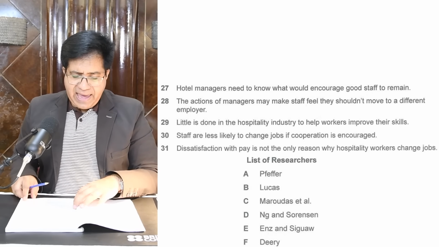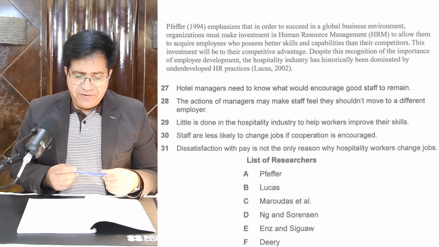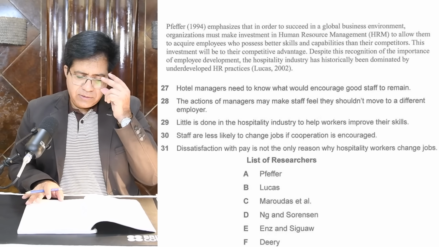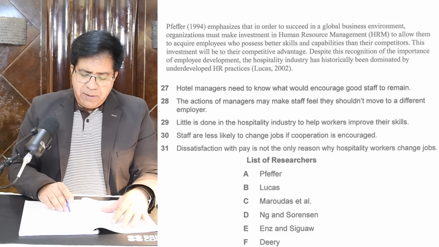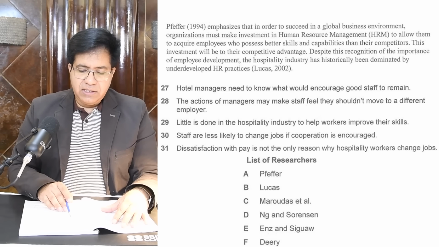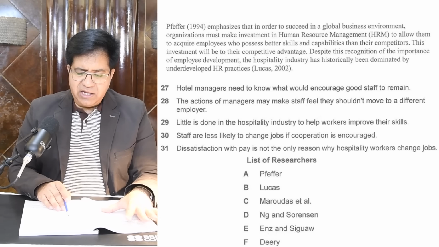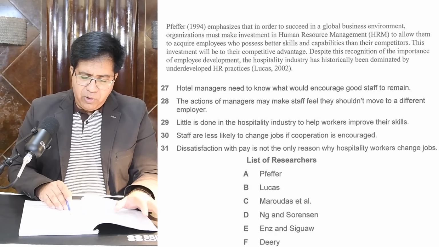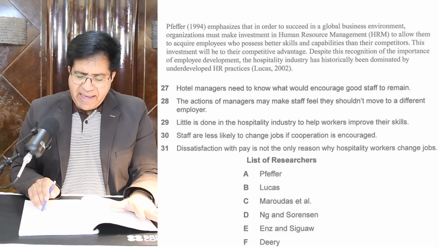Now, please come to Fefer. We are going to read from there. Fefer emphasizes, found it? That in order to succeed in a global business environment, organizations must make investment in human resource management to allow them to acquire employees who possess better skills and capabilities than their competitors.